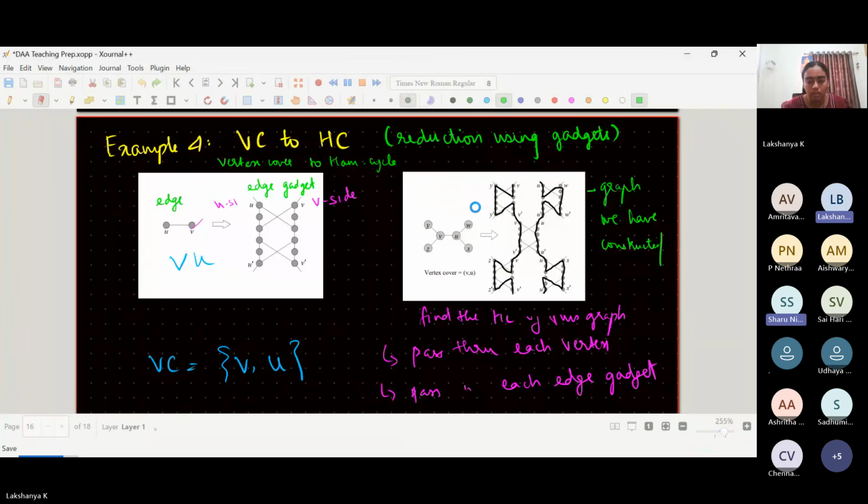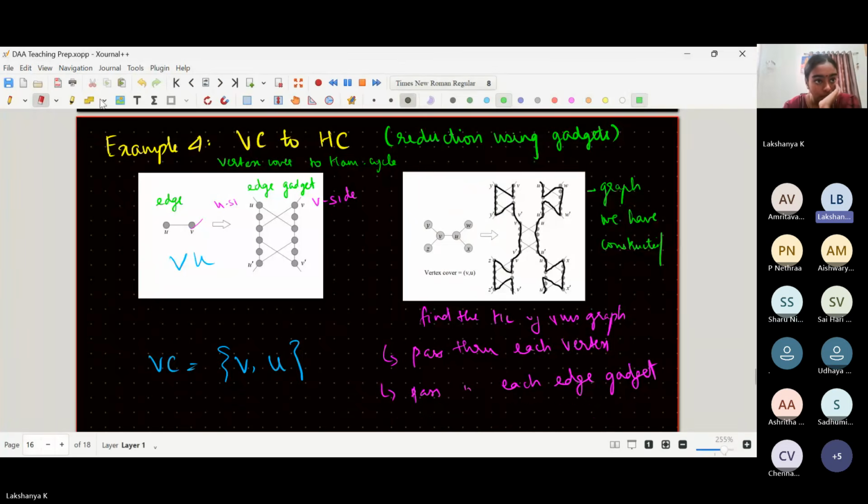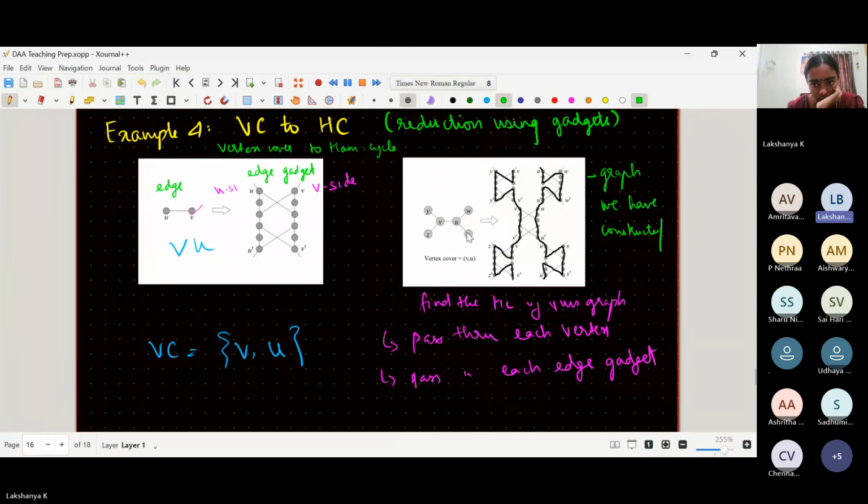I have one. Bottom view, top view, V dash and V, you're connecting it when you're drawing it, but in the diagram, they're not connected. So it is Hamiltonian cycle we need to find, right? Yes. So that is an assumption we make.